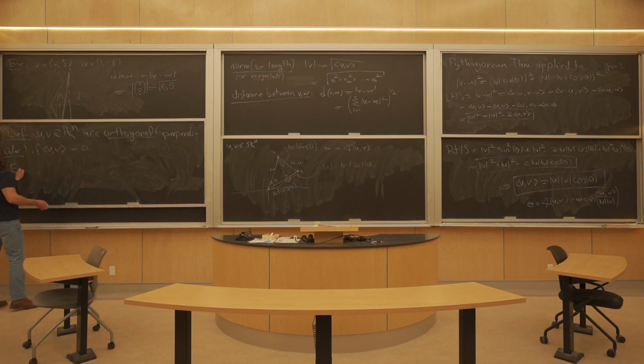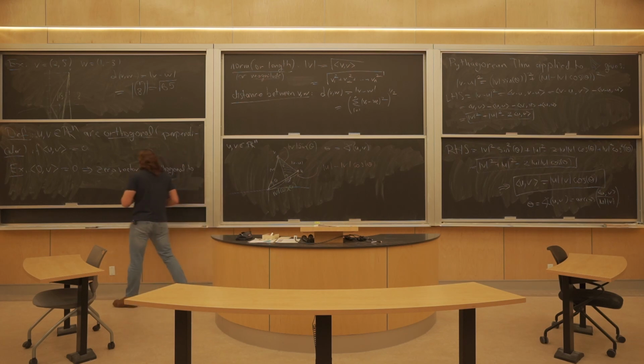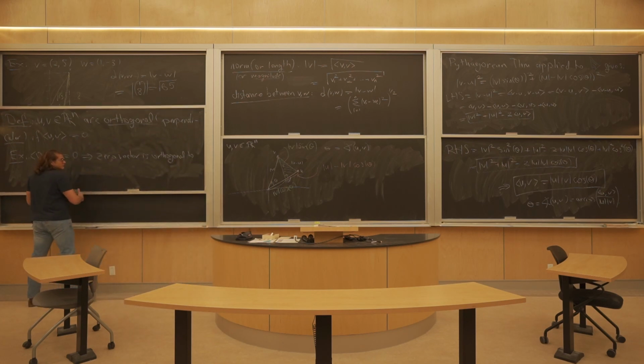Let's write it. Zero vector is orthogonal to any other vector. To any other vector.